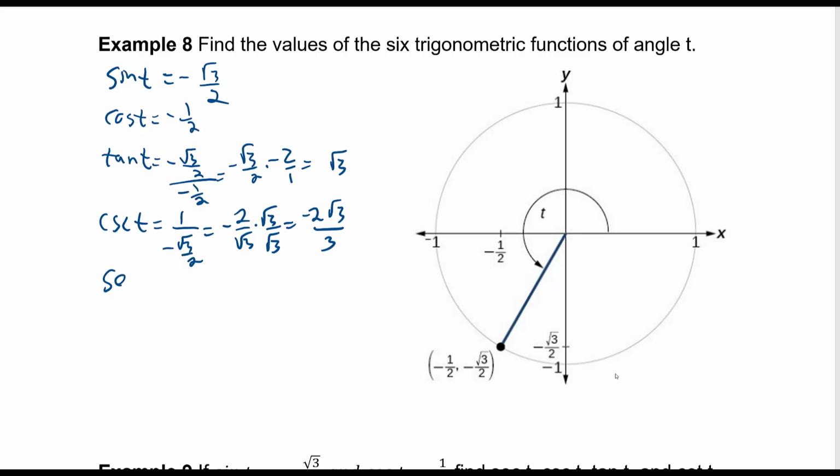For secant t, that's 1 over cosine, so 1 over negative 1/2, so negative 2. And finally, cotangent t is 1 over tangent, so 1 over the square root of 3. If we rationalize that, we have the square root of 3 over 3. That was fun.